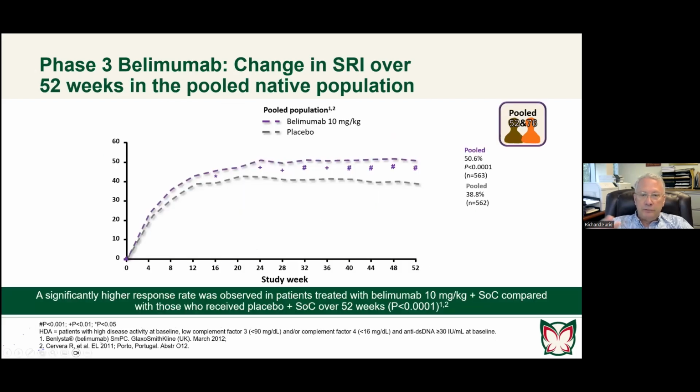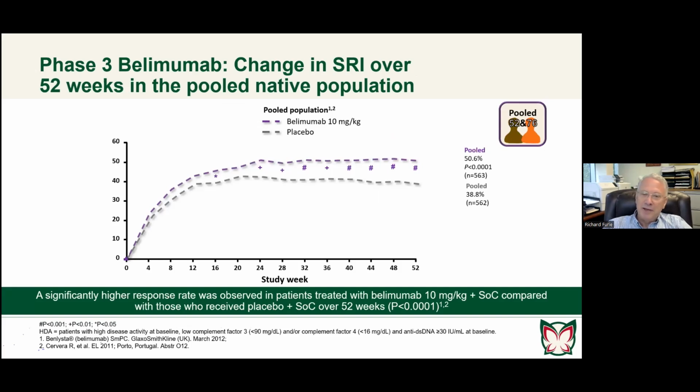So here we go. This is the native cohort showing you response rates using the SRI as the outcome measure. Maybe hard to see the colors, but in blue, you have those who received belimumab, and in gray, those who were on placebo. And remember, in our studies, placebo is not just placebo. The patients are coming in on background therapy, which typically consists of antimalarial, steroids, and immunosuppressives.